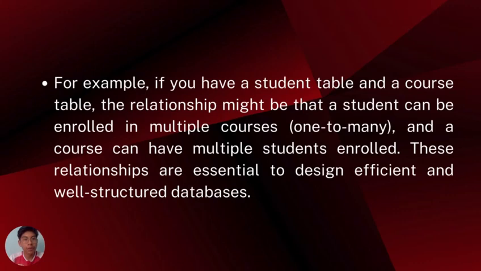For example, if you have a student table and a course table, the relationship might be that a student can be enrolled in multiple courses, one-to-many, and a course can have multiple students enrolled. The relationships are essential to design efficient and well-structured databases.